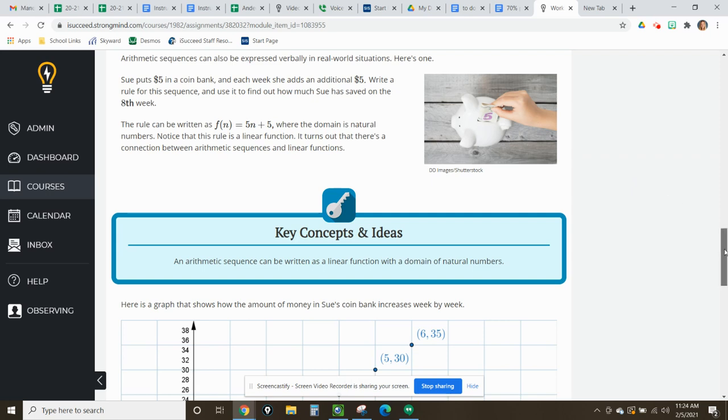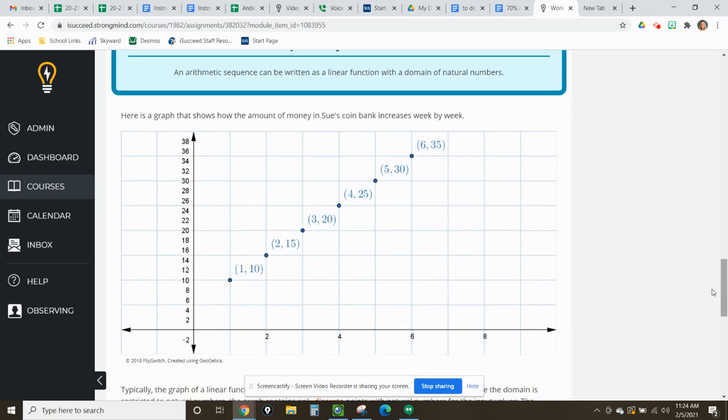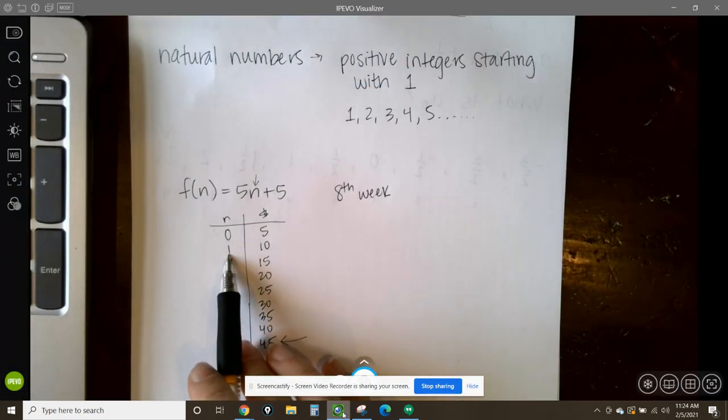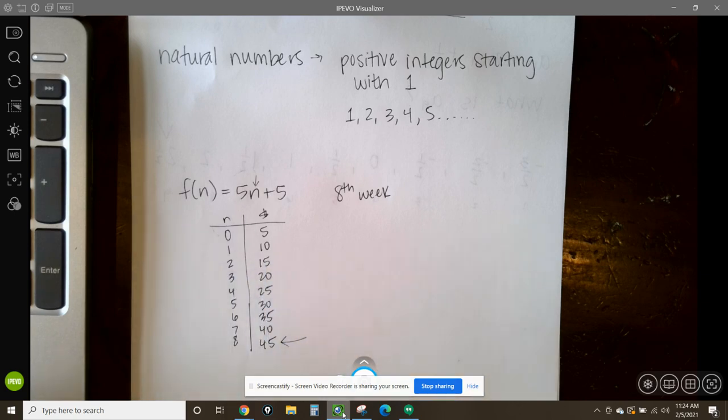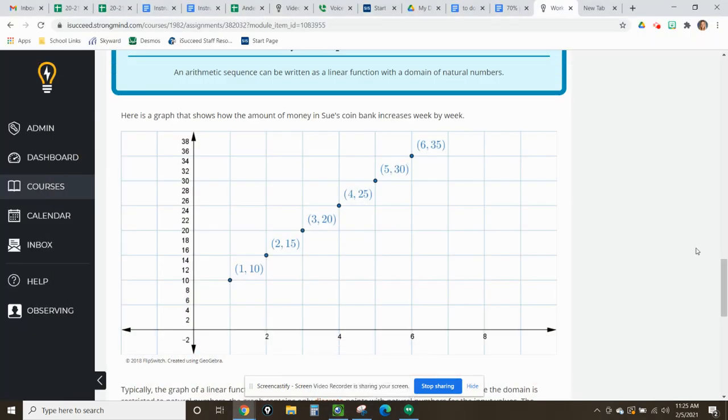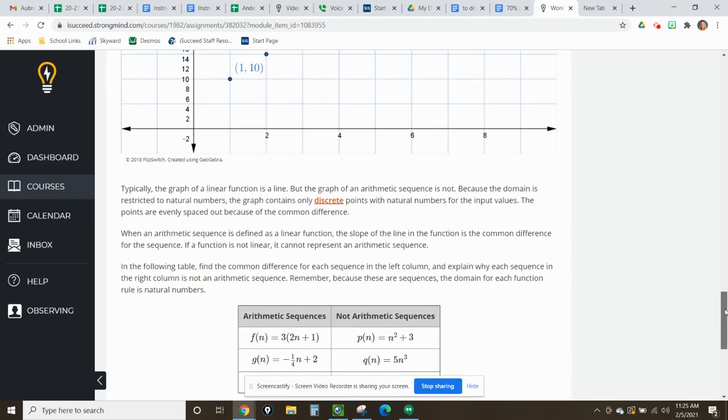And it looks like they also did a little graph of that. They graphed each ordered pair. Like on our table, we had this 1, 10 right here. After 1 week, she had 10. After 2 weeks, 15. They use these as ordered pairs to graph them.